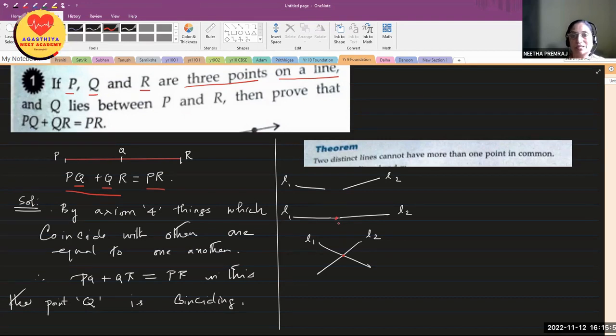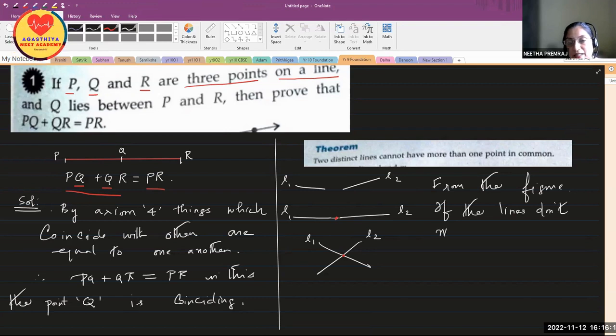You write from the figure: if the lines don't meet, then they don't have any common point.